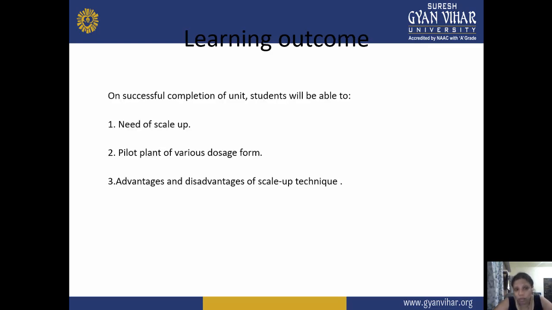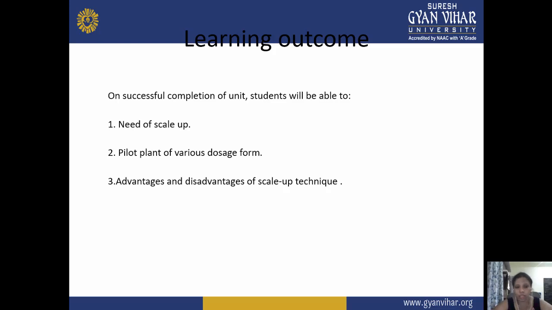Learning outcome: on successful completion of this unit, the students will be able to learn about the need of scale up, why scale up is important. This we have also discussed in our first lecture, the previous lecture, so you can go through that lecture for the detail. You will learn the need of scale up, as well as pilot plant of various dosage forms.